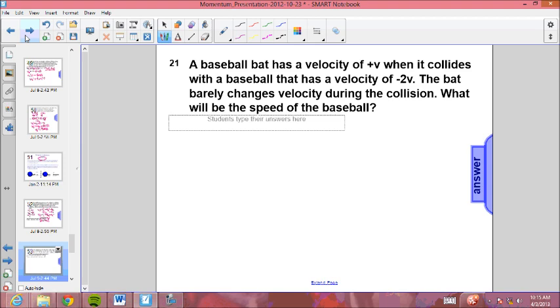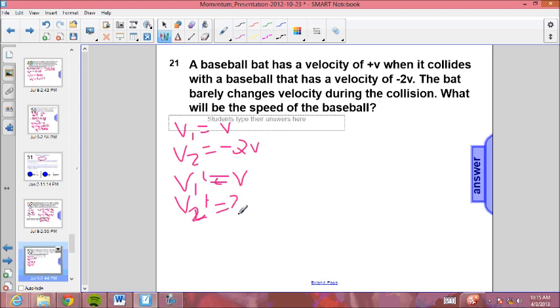So we've got v1 was positive v. Our baseball had a velocity of negative 2v. And our baseball bat, v1 prime in the end, just keeps going. It keeps swinging through, so it's also still v. And we want to find v2 prime. So we've got v1 plus v1 prime equals v2 prime plus v2.